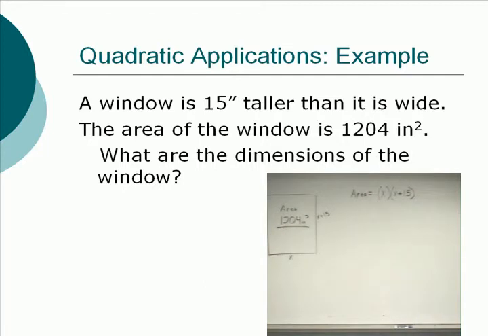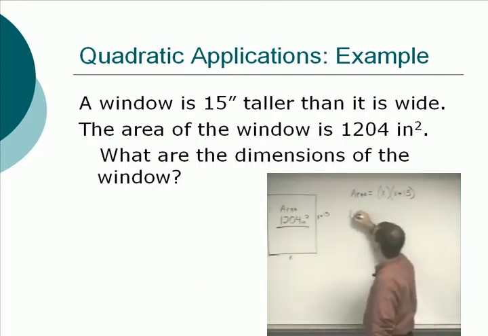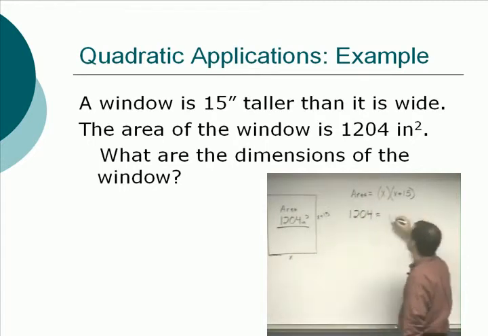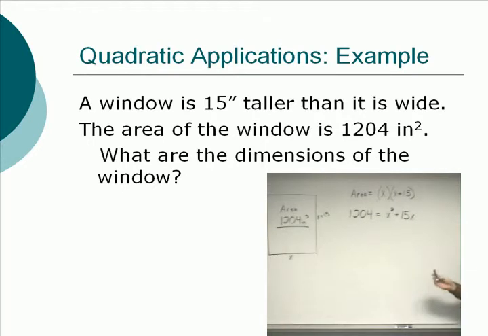We know that our area is 1,204, so we have 1,204 equals, we can distribute this, x squared plus 15x. Well, anytime you set up a scenario and end up with a quadratic formula, you know there's more than one answer to this. There's more than one possible solution. Now, they might not all make sense, but there's at least one numeric solution, or at least two numeric solutions. Exactly two numeric solutions, in fact.